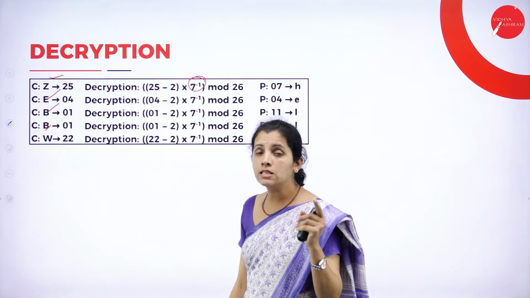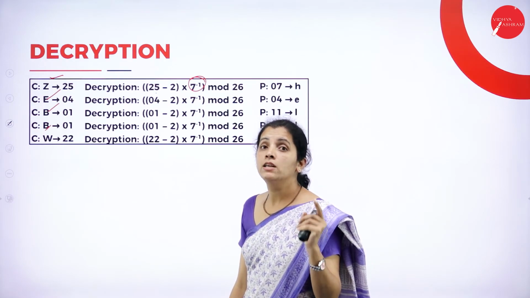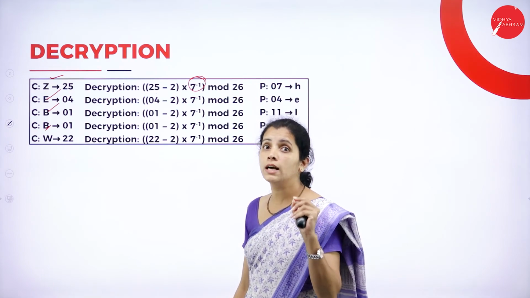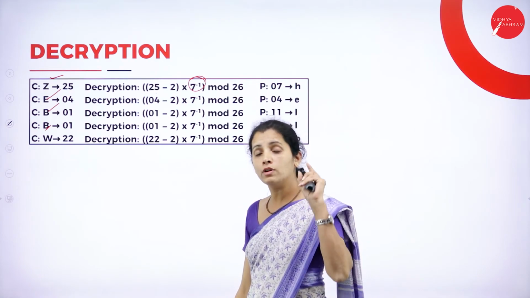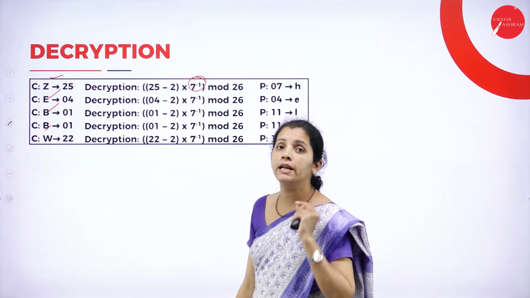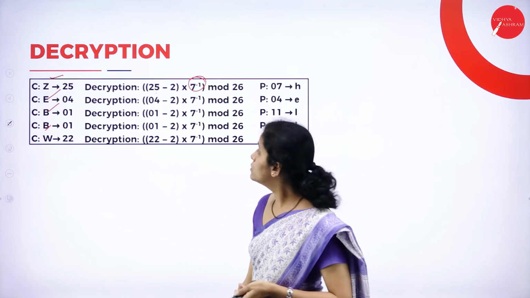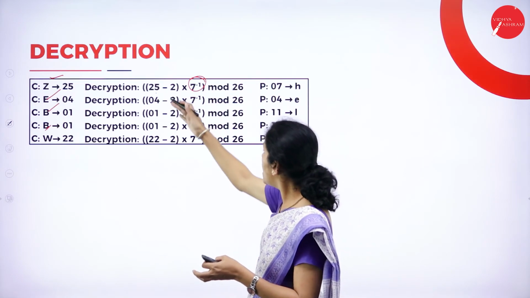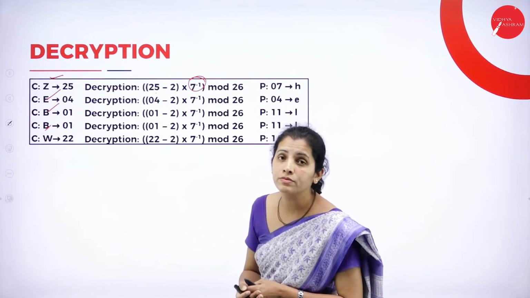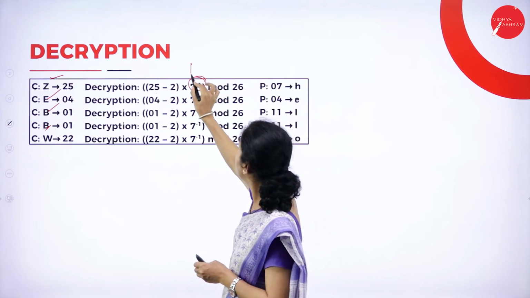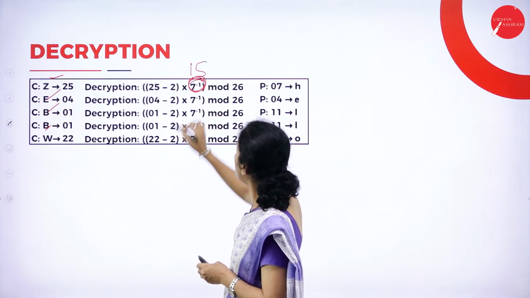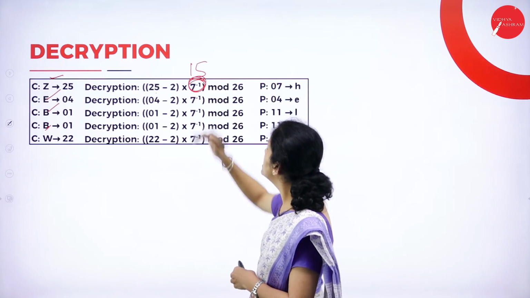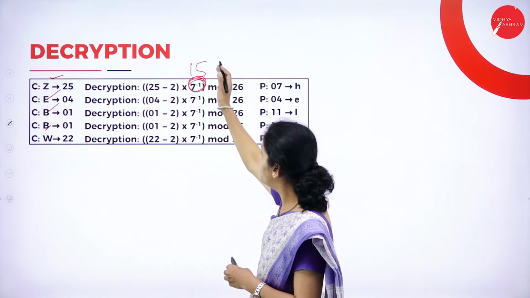In the previous slide, I explained during multiplicative inverse how to find the inverse. For 7, what's the multiplicative inverse? It is 15. For encryption I used 7, and now I want to use the inverse of 7, that is 15. For 7 inverse, just place 15.